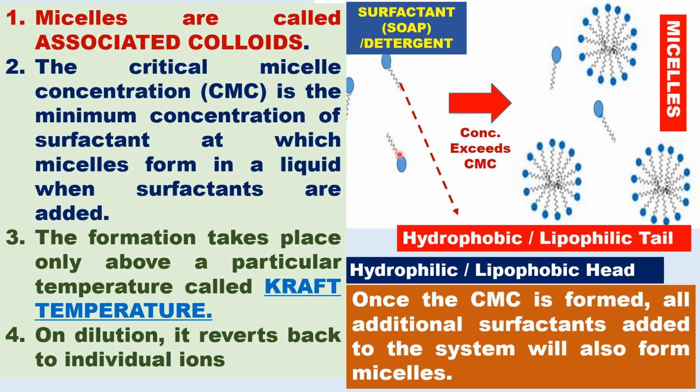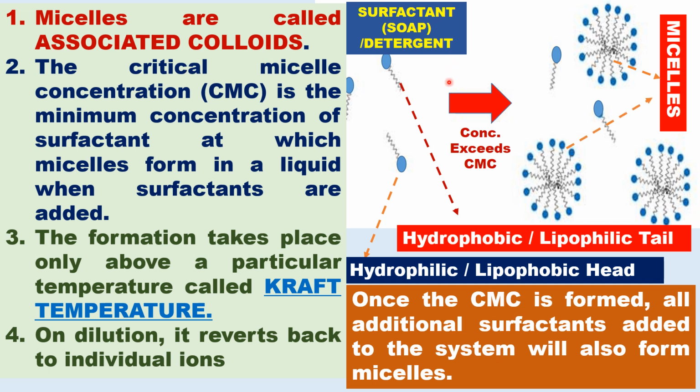And the head, that is the carboxylic acid group, is hydrophilic, water loving or fat hating group. So there are two parts in a surfactant molecule: the hydrophobic tail and the hydrophilic head.